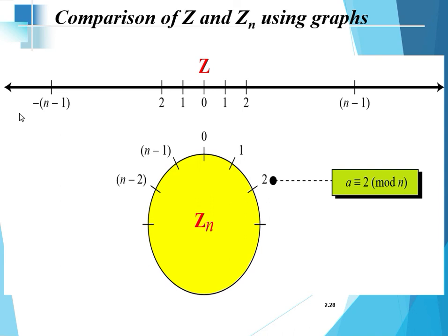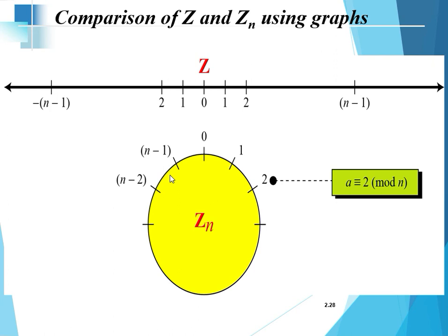We can use a circle to show the distribution of integers in Z and Zn. This figure shows the comparison of Z and Zn. Integers 0 to n minus 1 are spaced equally around a circle.